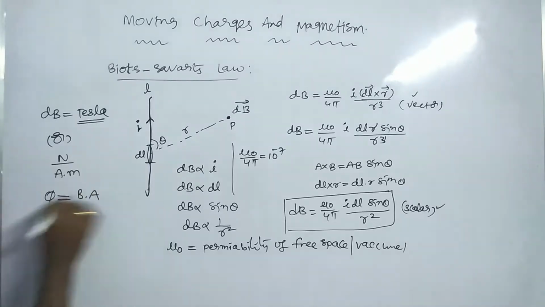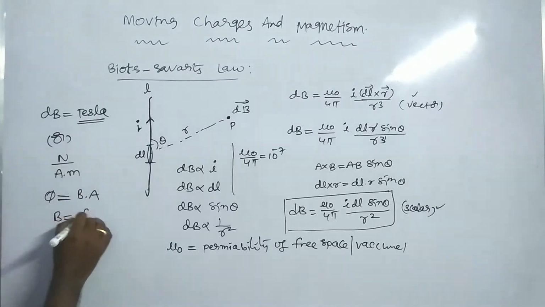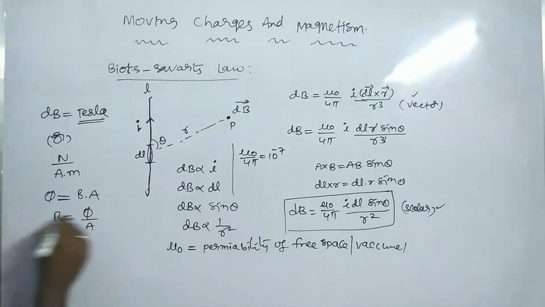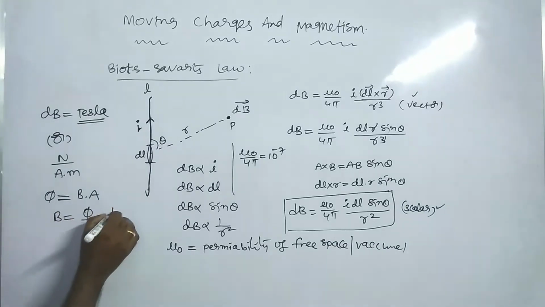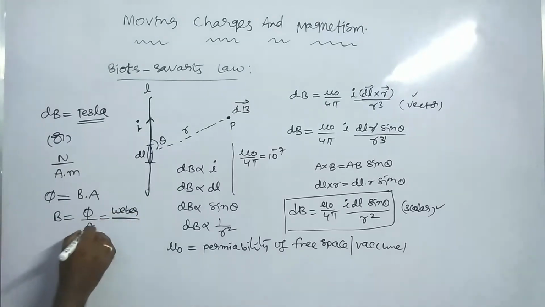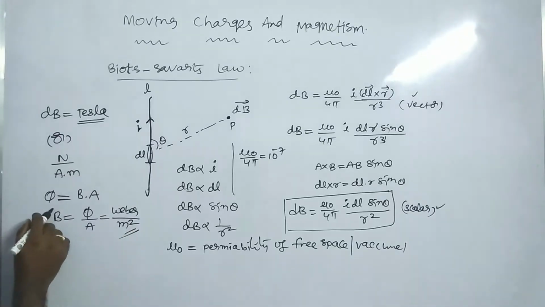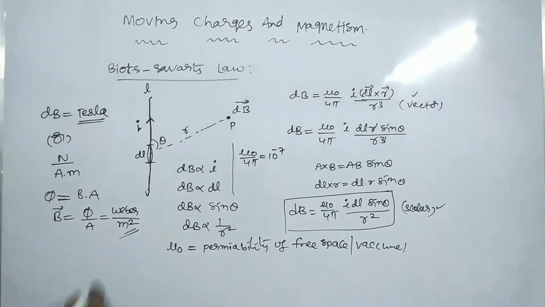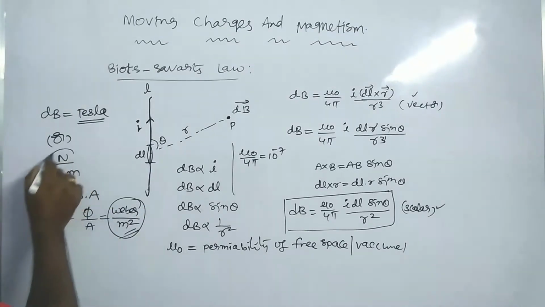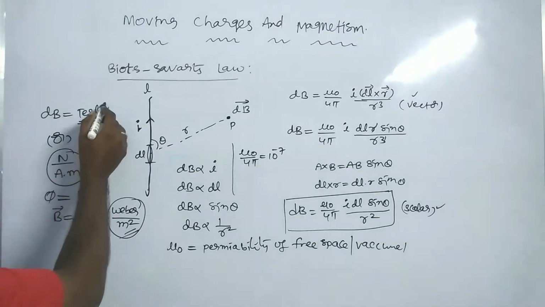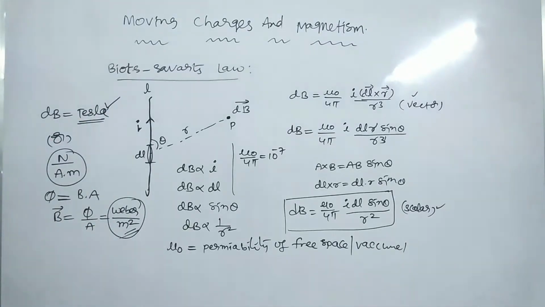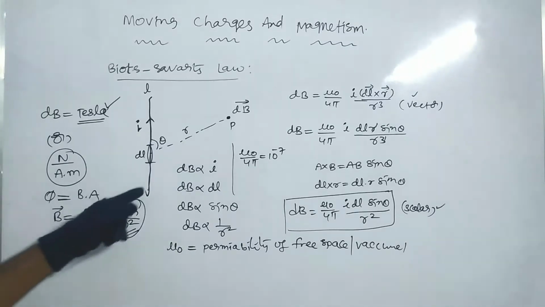Phi is B dot A, so B is equal to phi by A. Phi is the flux in Weber, and area is in meter square, so Weber per meter square is also a unit of the magnetic field. So Weber per meter square, Newton per ampere meter and Tesla, these are the units for the magnetic field. So this is the Biot-Savart law.